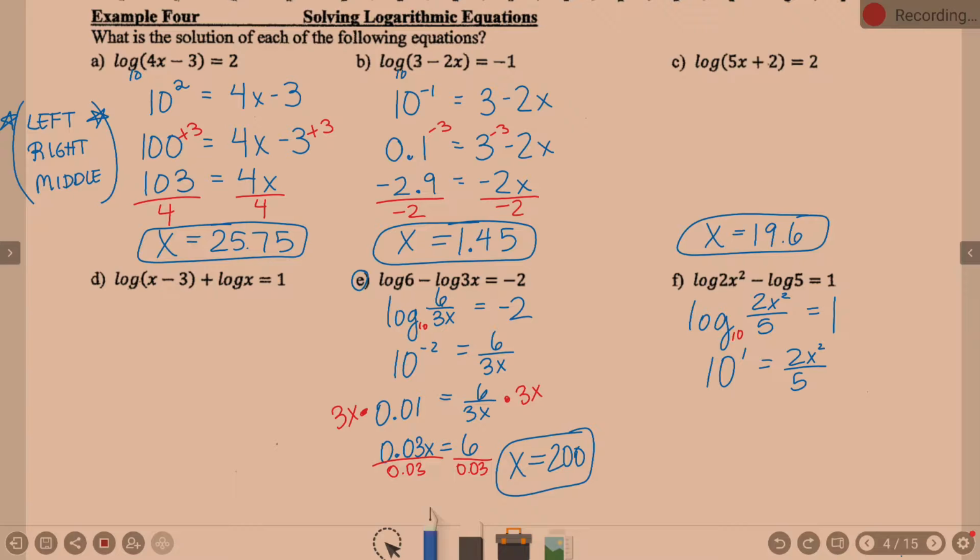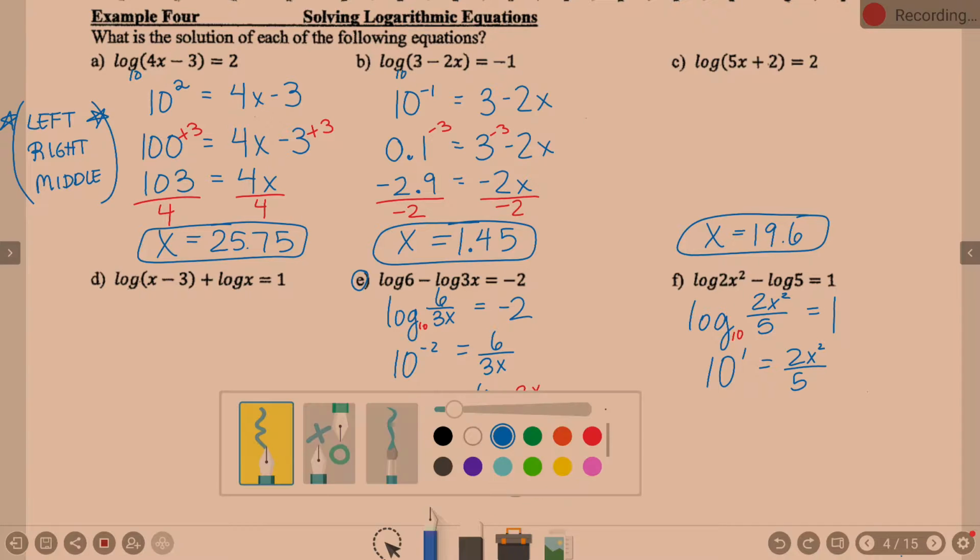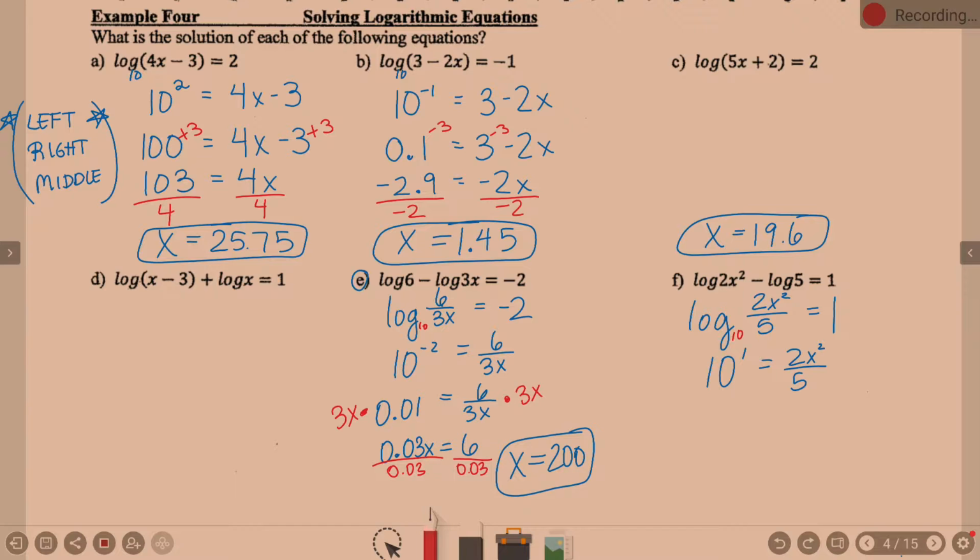What are the steps we do here, guys? Times by 5. Okay. You see division again? Yes? If this is 2x squared divided by 5, the opposite of dividing by 5 is to multiply by 5. There's a different step you could do too, but I would say most of us would prefer to multiply by 5.